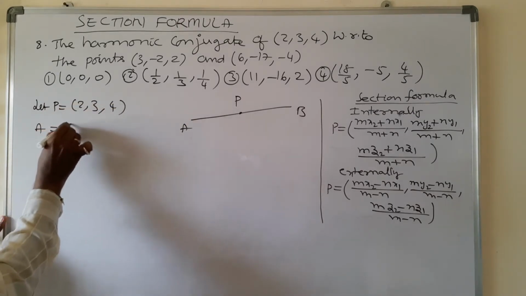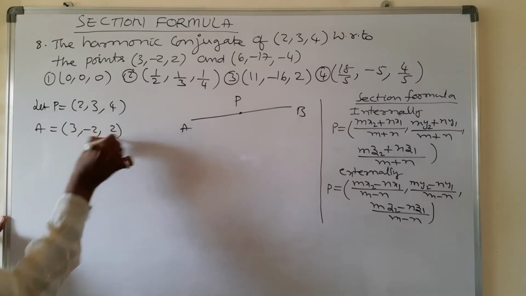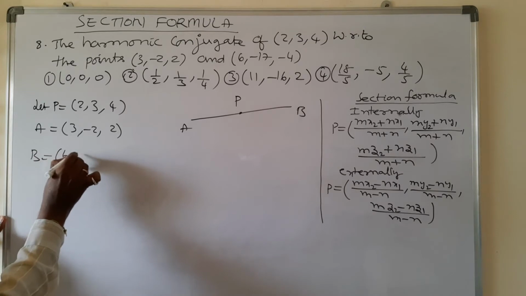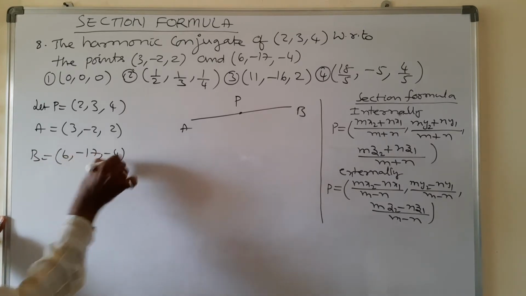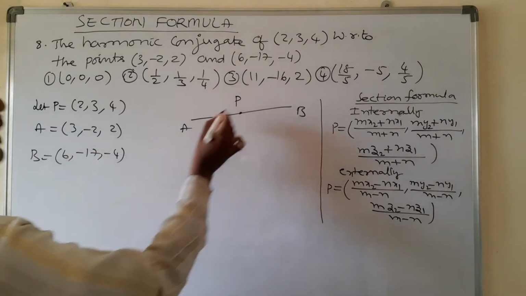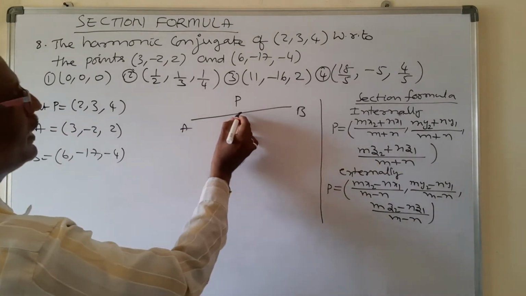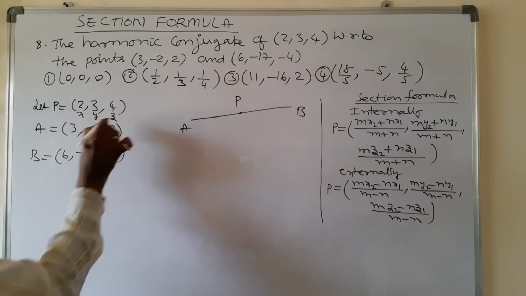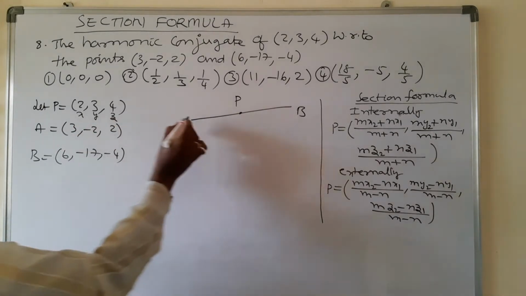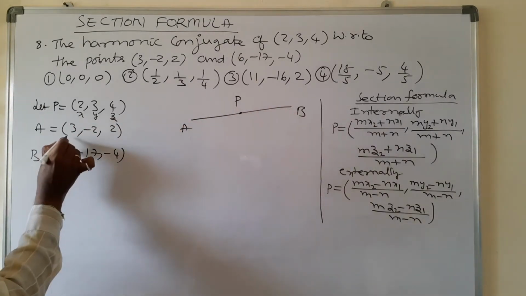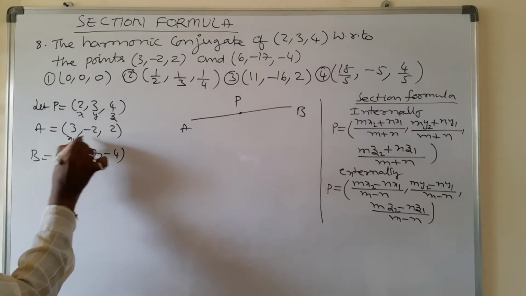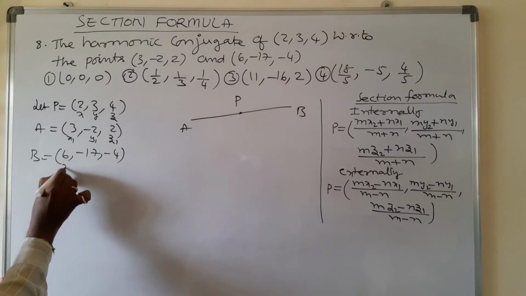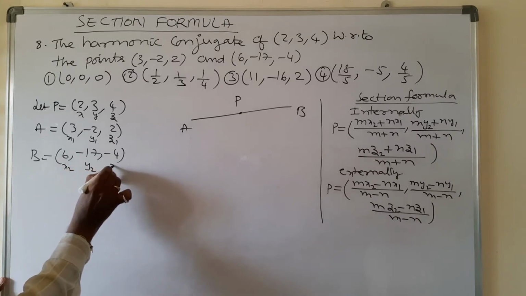Capital A equal to (3, -2, 2). Capital B equal to (6, -17, -4). The dividing coordinates, here P divides AB. The dividing coordinates are x, y, z. A and B are the endpoints of the line segment. The coordinates of A are x1, y1, z1 and of B are x2, y2, z2.